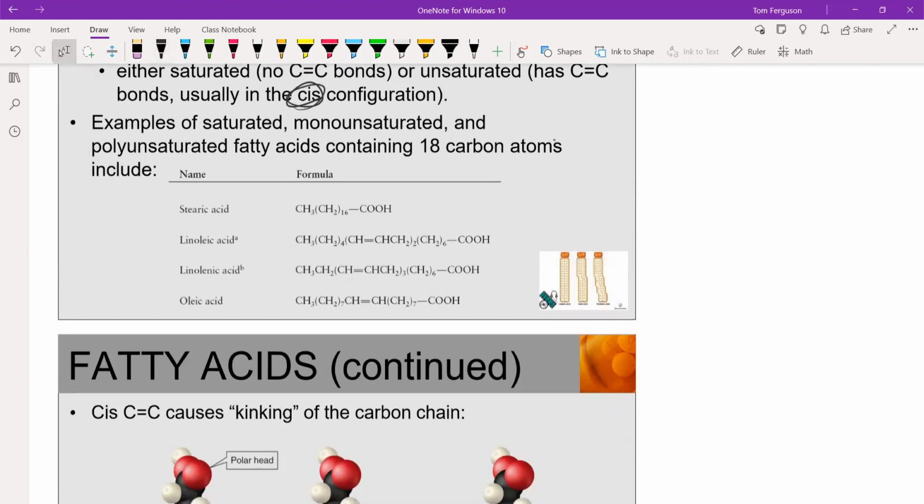These 4 are the most common fatty acids we run across. Each one of these has a delta configuration as well. This one's 18,0, so the delta 0.